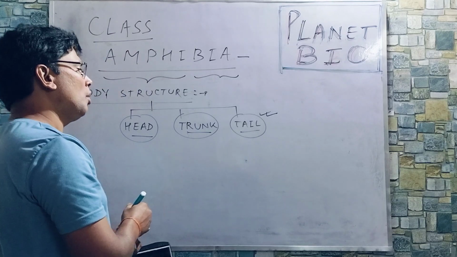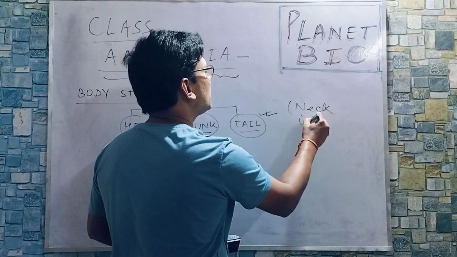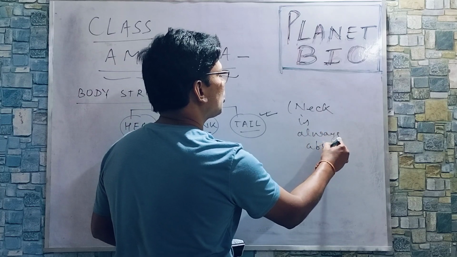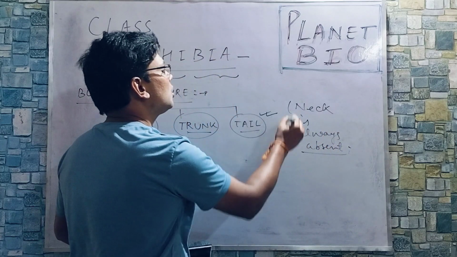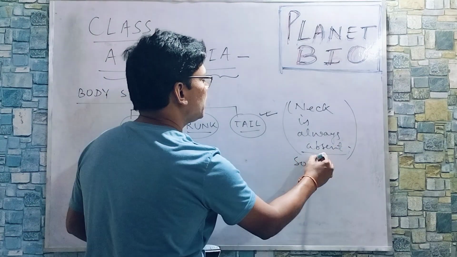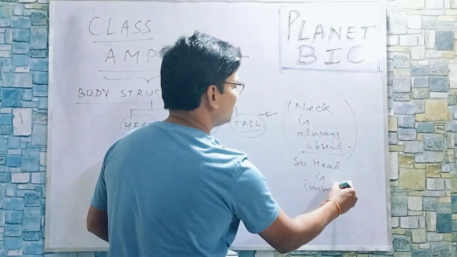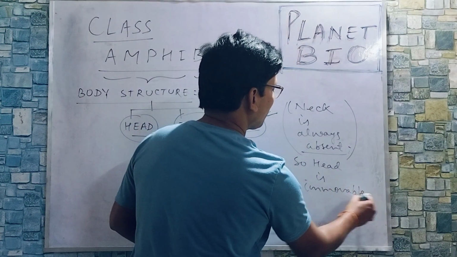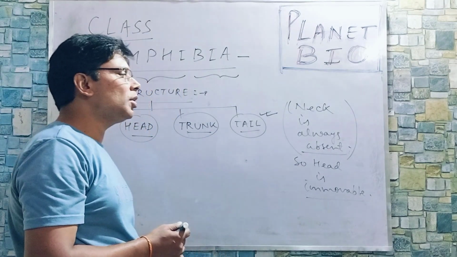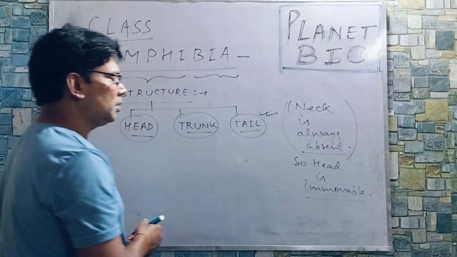But the neck is always absent. If the neck is absent, that means the head is not movable. So as the neck is usually absent, the head is immovable. In cockroach, the neck is present, so the head is movable. But the neck is usually absent here, so the head is immovable.